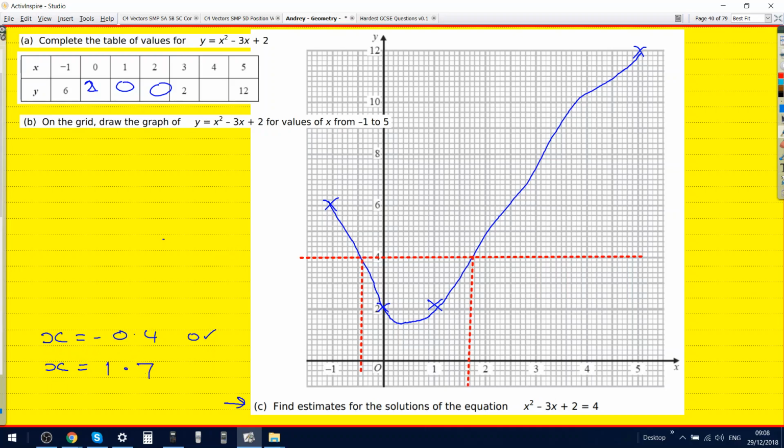Okay. Yeah, and that's why it says estimates. Any question there?